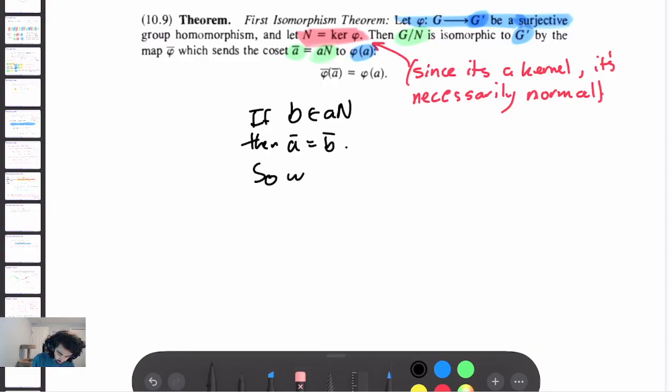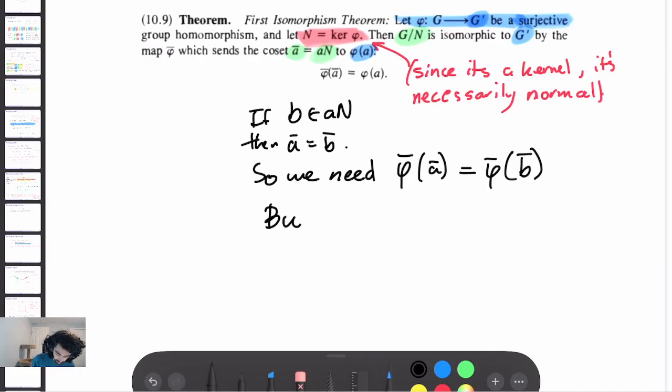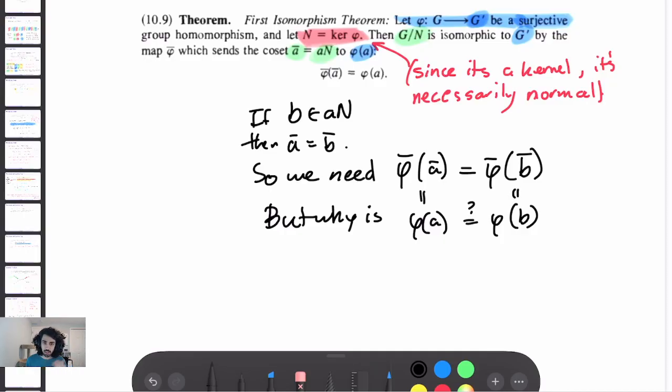So we need that this is equal to this. But if you ask how these things are defined, then that means that phi of A should act the same as phi of B. It's not at all clear that is the case.